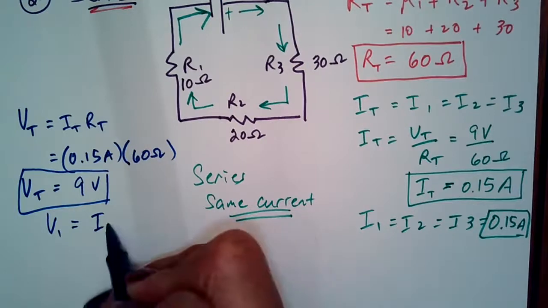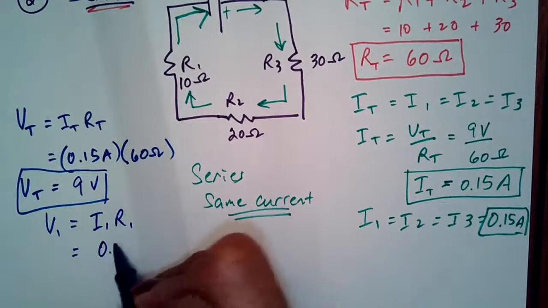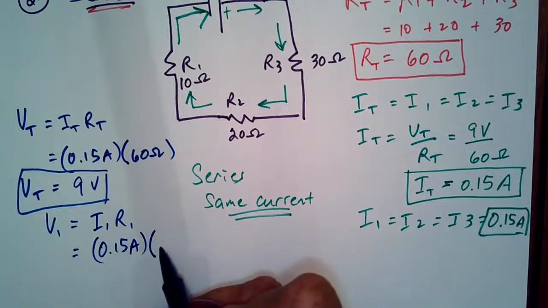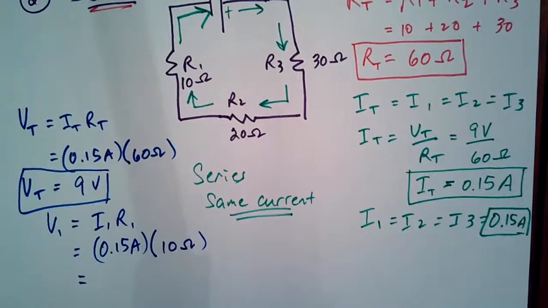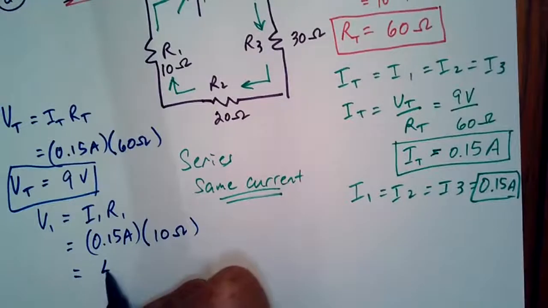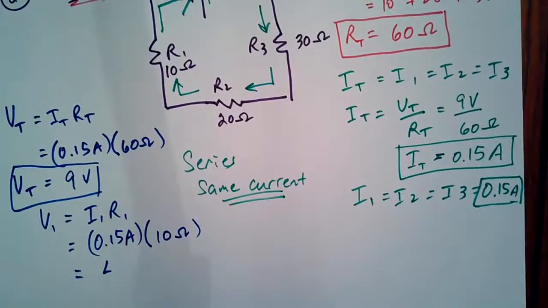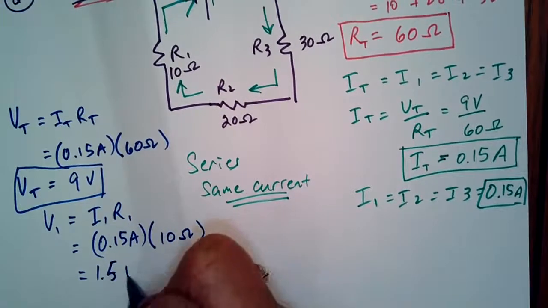So V1 is I1 R1. The current is 0.15 amps, and the resistance of the first one is 10 ohms. So this is going to give me, 0.15 times 10 is 1.5 volts.